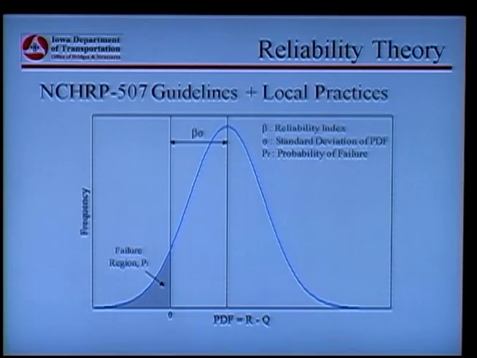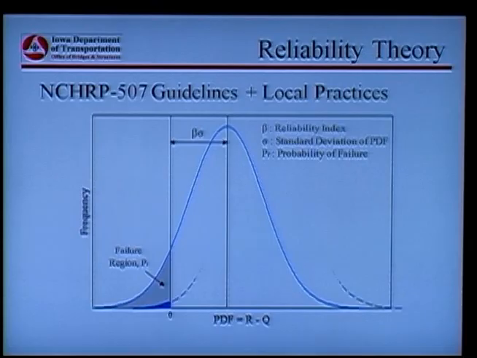And you have that distribution describing the difference between resistance and load. Okay, let's look at this region. This region is where the resistance is smaller than the load, and that region we define as the failure region. Okay, and it is controlled by the distance from the mean of the distribution to this y-axis.